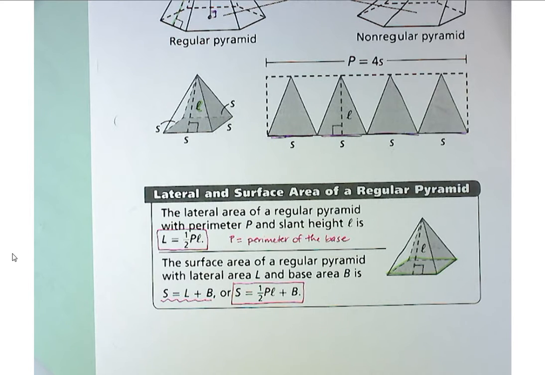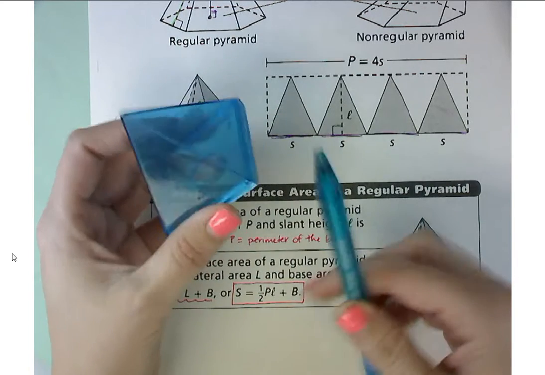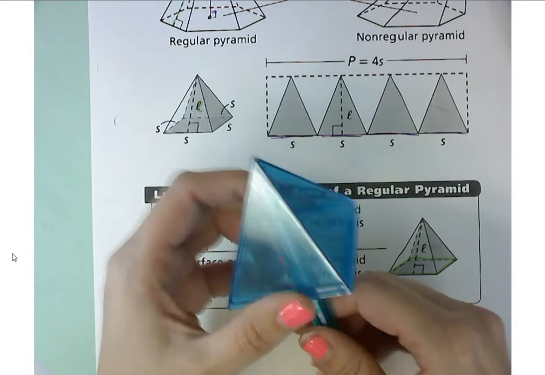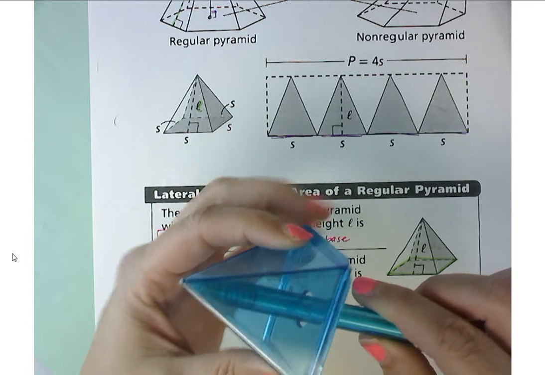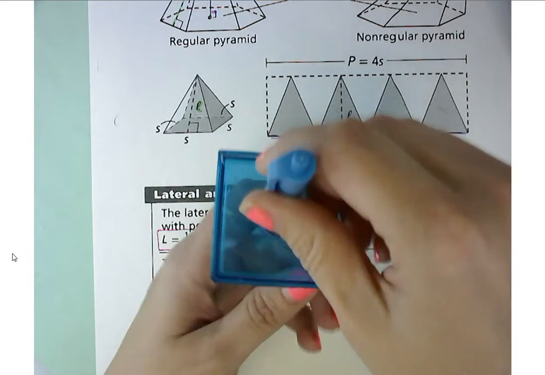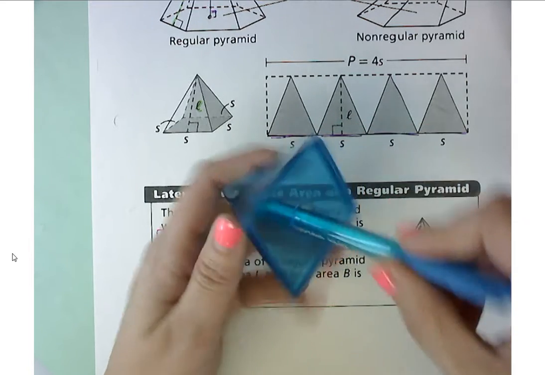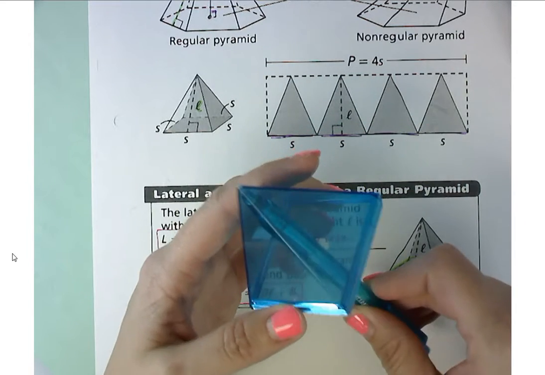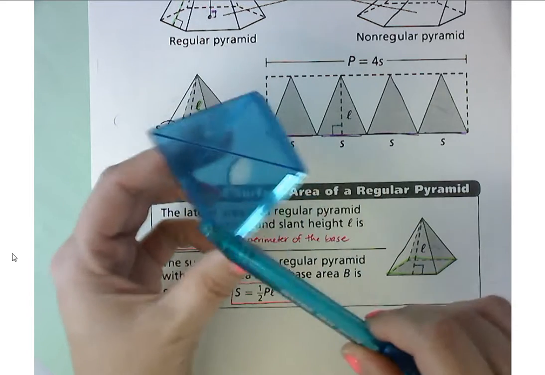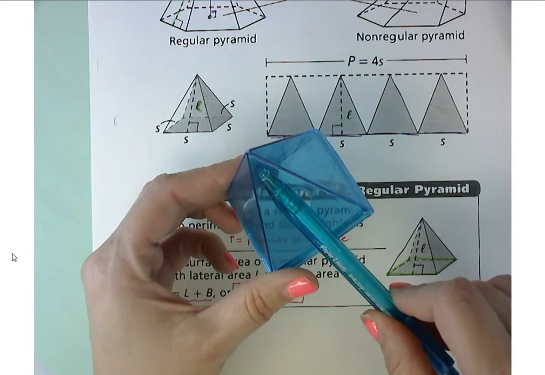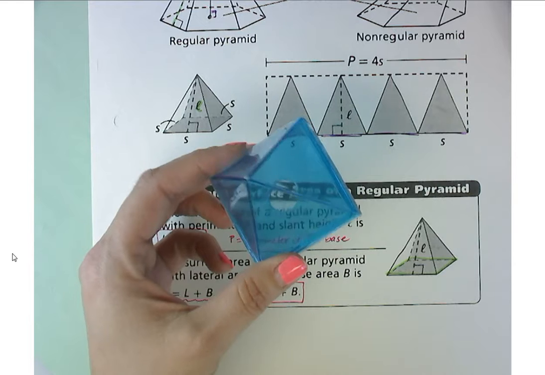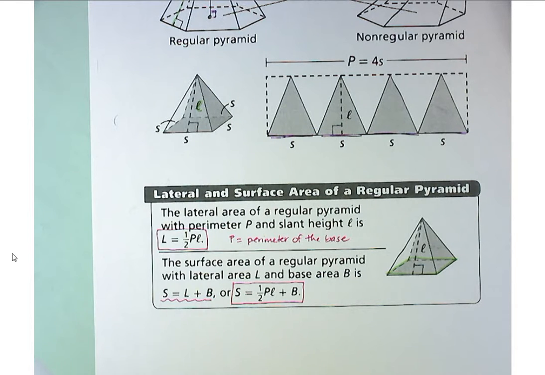So the height, think of this height as my pen. The height of the actual shape would go from the center of the base to the top. My pen would represent what the actual height is, and then the slant height is going to be what's on the outside. So that's the difference between them. So you have a slant height, and then you have the regular height.